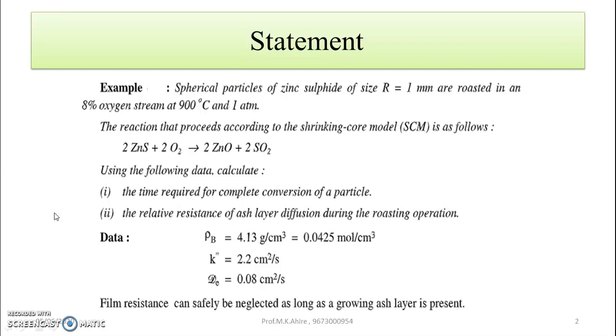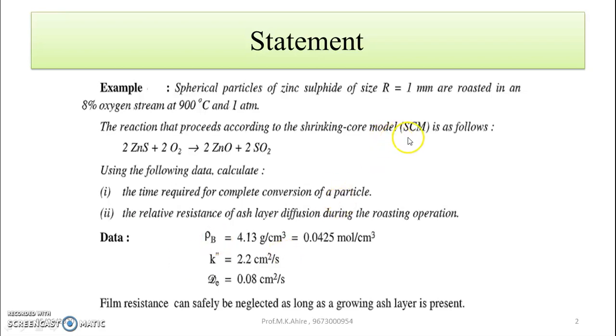The reaction is 2 ZnS plus 3 O2 giving 2 ZnO plus 2 SO2. This is the simple reaction they have given.